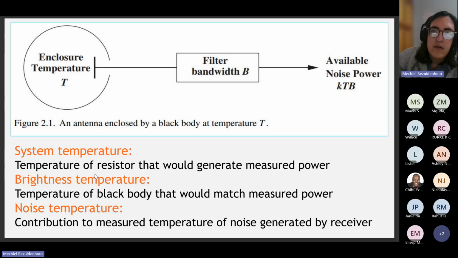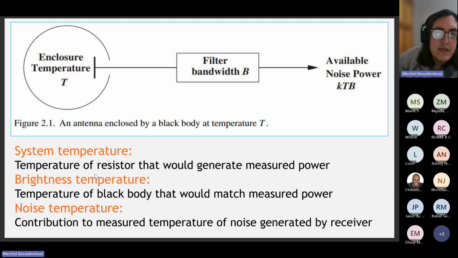And then it gets transmitted further. At the end of the system is some resistor or some resistive load that matches the impedance of the system, and by the second law of thermodynamics, if all of this is in thermal equilibrium, the temperature of that resistor would be equal to the black body temperature of the source.